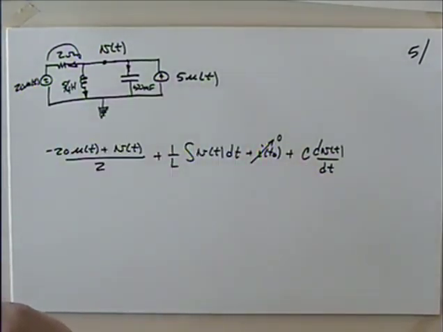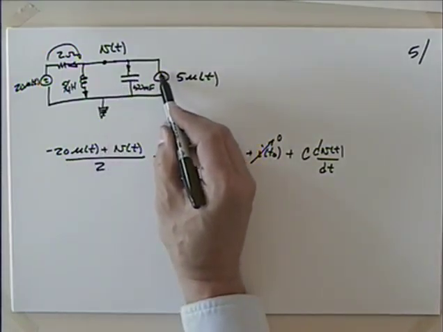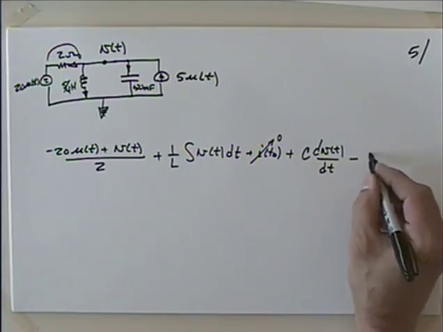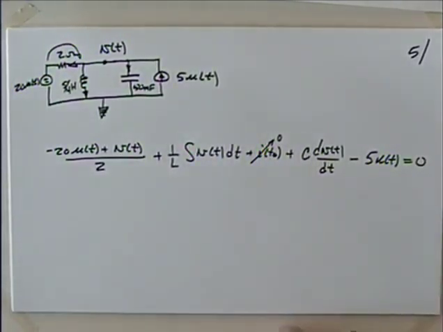So that's that. And then what are we left with? We've got this one, we've got that one, we've got that one. We're just left with this, aren't we? So we'd have a minus, because it's entering, 5 u of t is equal to 0. So it's just a matter of solving that. And we've seen all those terms before, because it's effectively the sum of the two problems that we did, right?